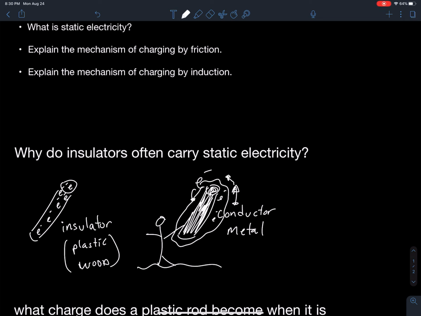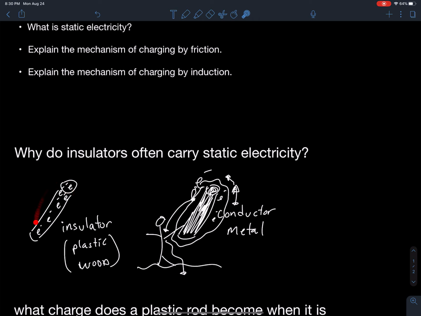So when you put an electron on, it's going to repel that sea of electrons, and they move into you and down into the earth. So electrons don't often sit static in a conductor. However, in an insulator, these electrons are not able to move around. They're stuck. So insulators gather charge and become charged objects, and they'll carry static electricity.